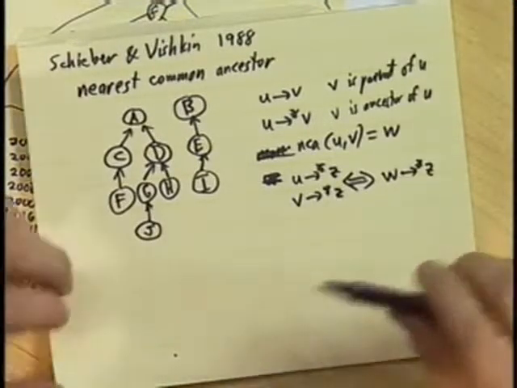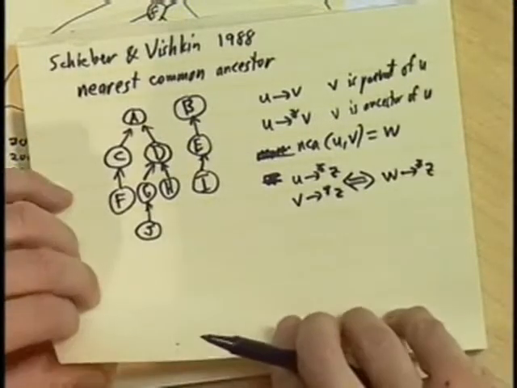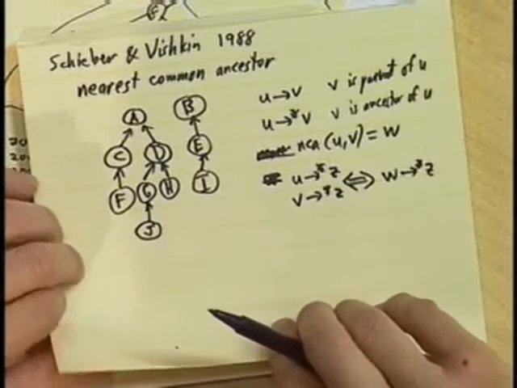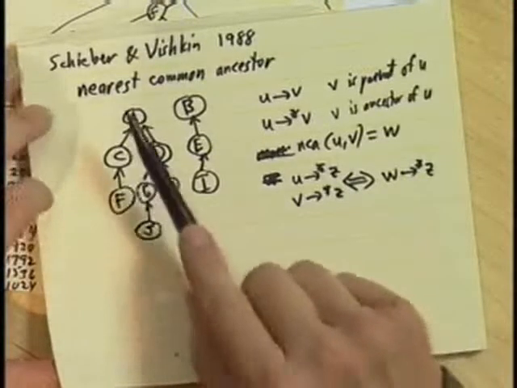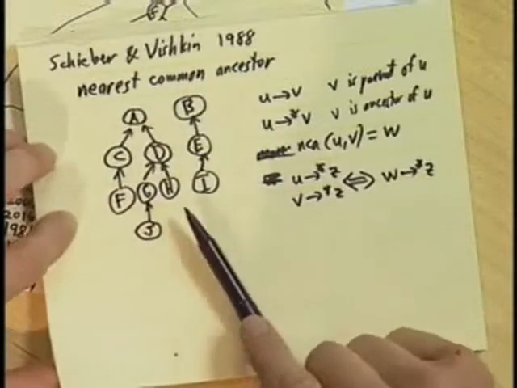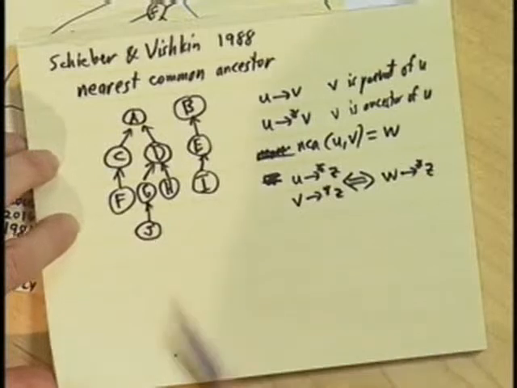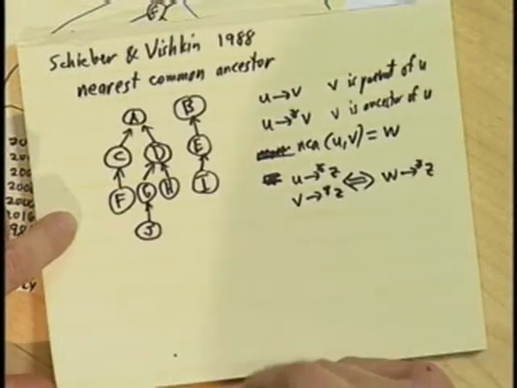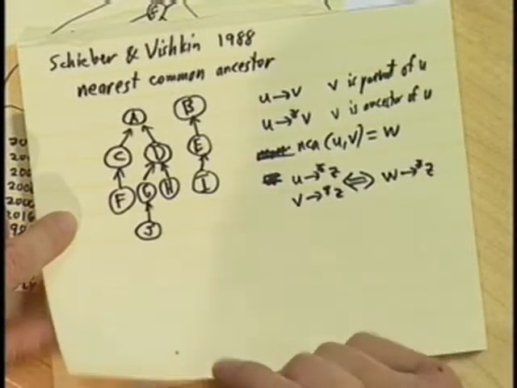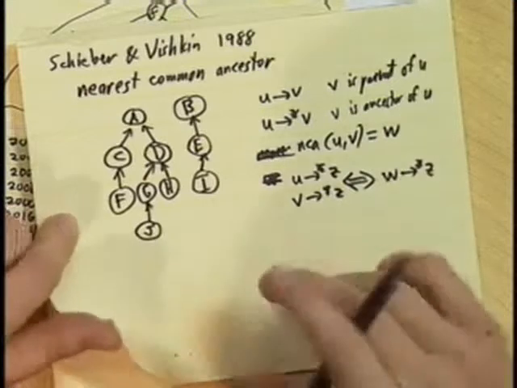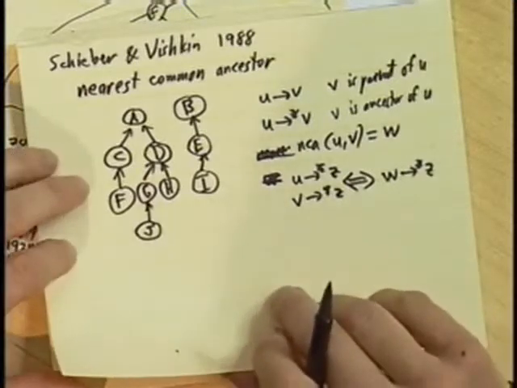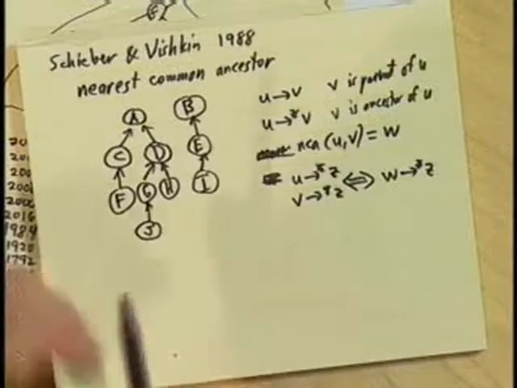Now, I want to describe to you the algorithm of Schieber and Vishkin to find the nearest common ancestor in such a data structure. And you might say, well, why am I so fascinated by this algorithm? The reason is that it gives you the answer in a constant number of steps, no matter how big your data structure is.